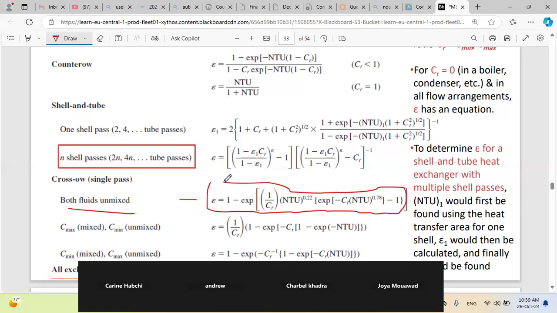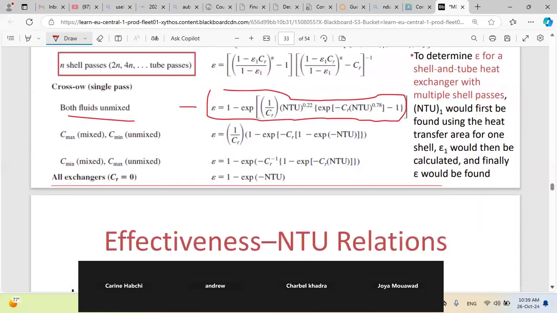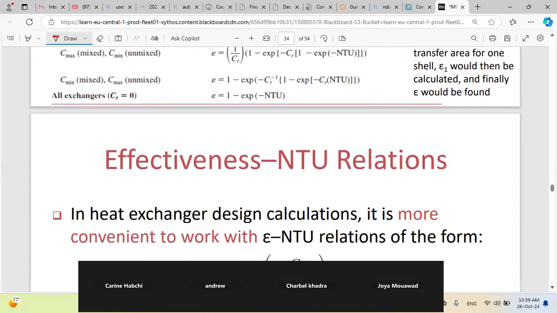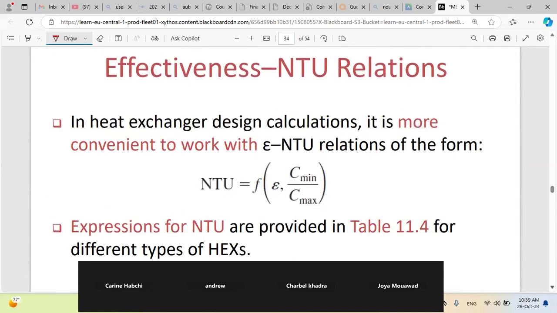Okay, so we deduce that depending on the type of heat exchanger and depending on C min over C max, the value of epsilon can change. And we go to the tables to select the appropriate relation that we need. Sometimes, to calculate epsilon, you need NTU, and you need to know the area.